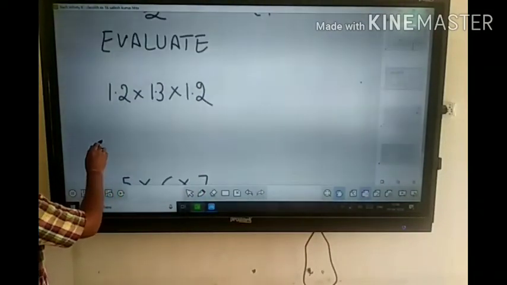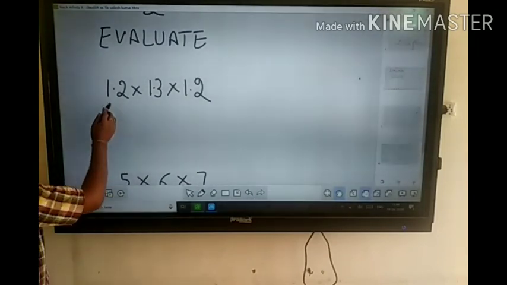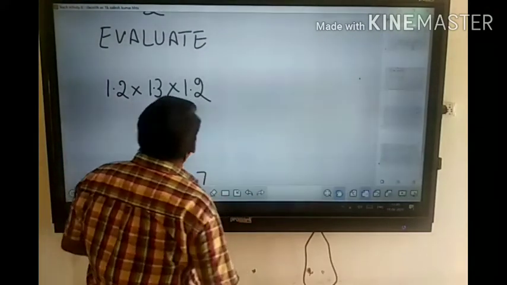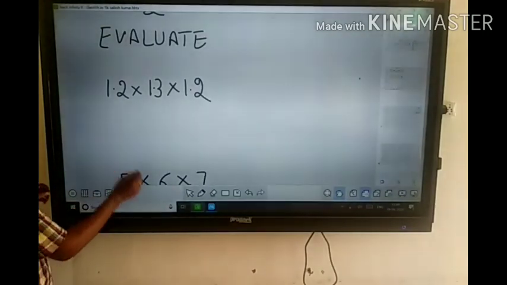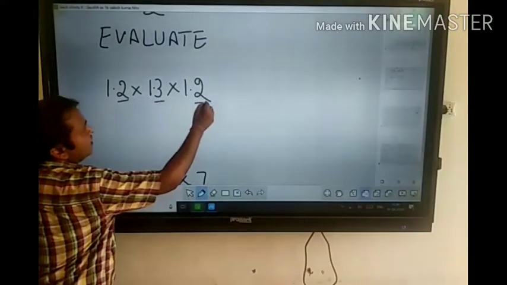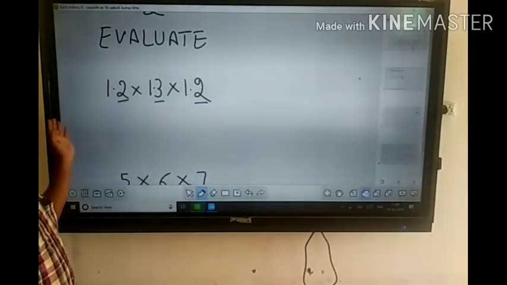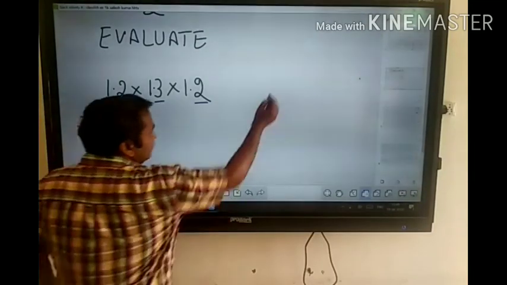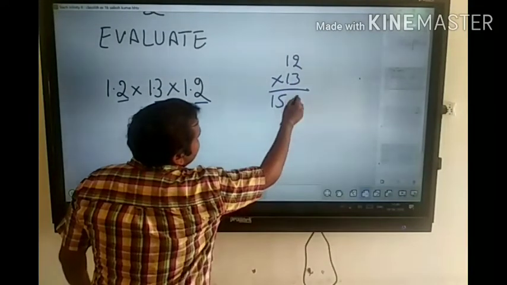Now we have to evaluate the product of the decimals 1.2 multiply 1.3 multiply 1.2. Here we will have to see how many digits there are in total after the decimal. 1, 2 and 3. Only 3. So firstly I will treat them as normal integers and get their multiplication. 12 multiply 13, the answer is 156.